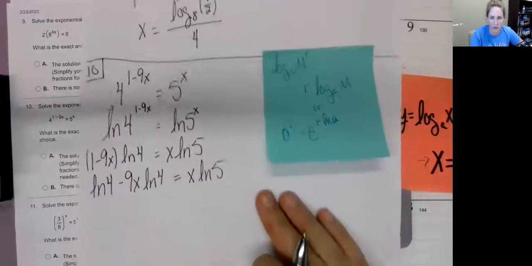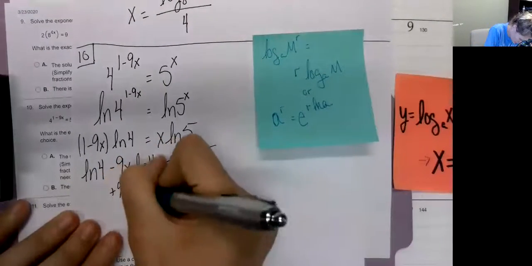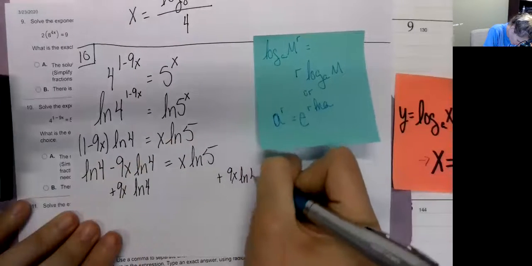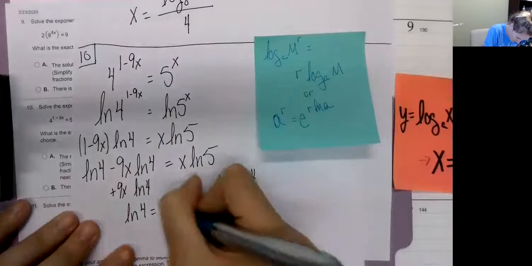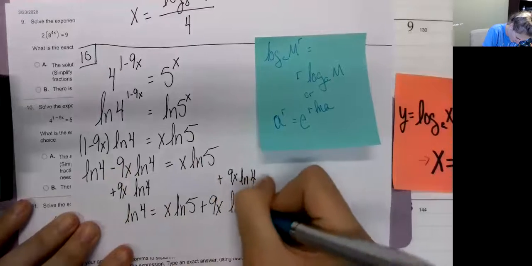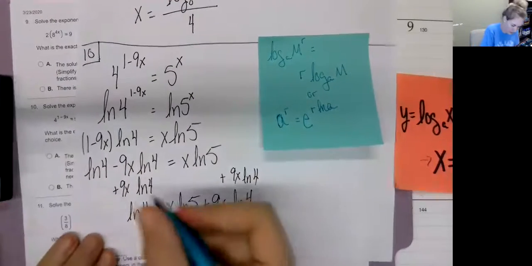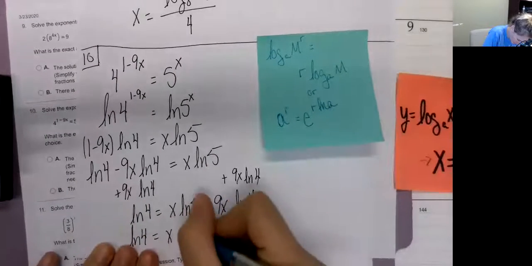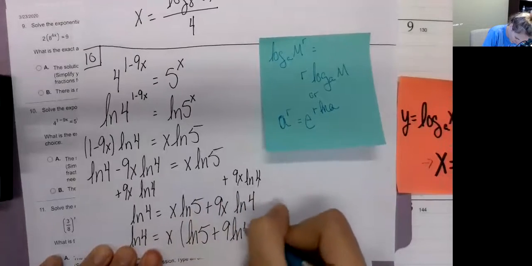Then we're going to get all of our x's on the same side, so we're going to add this. Over here that's 0. So we have the natural log of 4 equals x natural log of 5 plus 9x natural log of 4. Now, since we have an x with both of these terms, we're going to factor that x out. x times the natural log of 5 plus 9 natural log of 4.